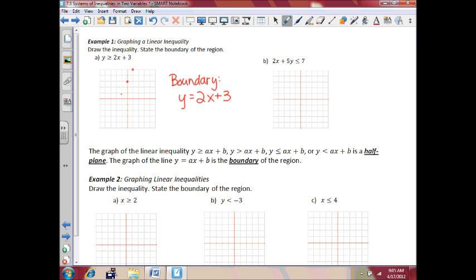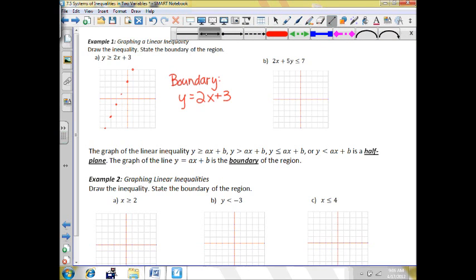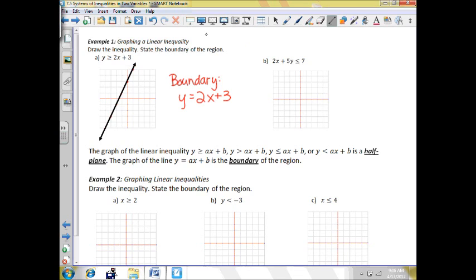Just put those points in there, make sure I have a nice straight line. Now, because it's greater than or equal to, because of the equal to sign, we know that this is going to be a solid line straight through those points. Now, if there's just less than or greater than and not equal to, it would be a dotted line.